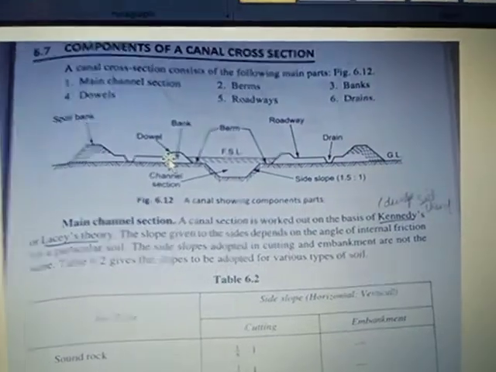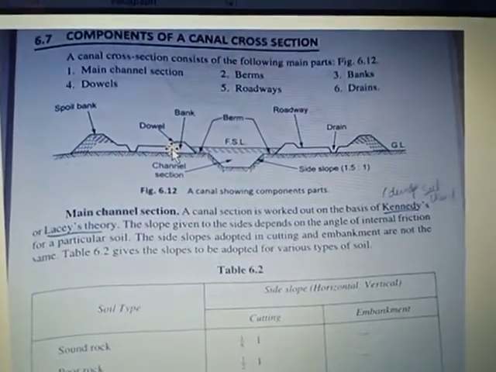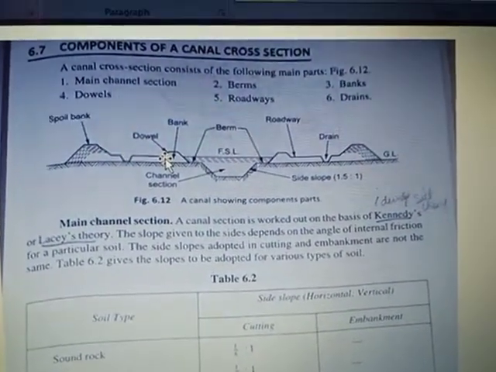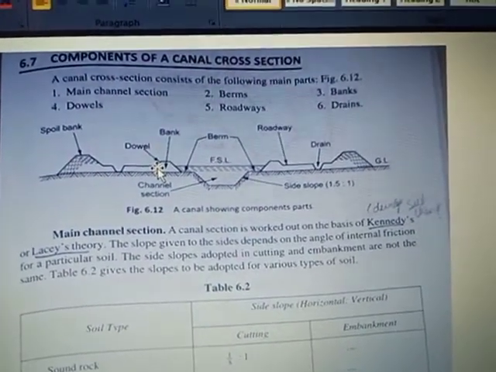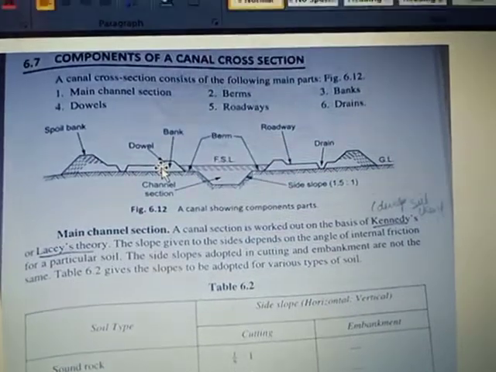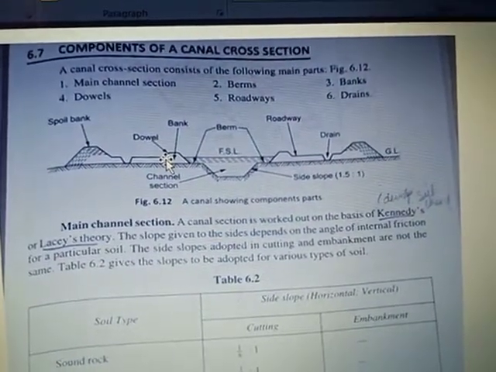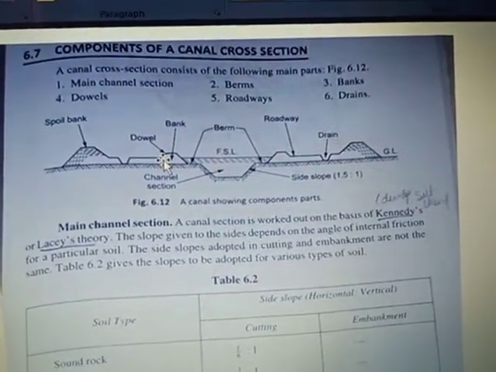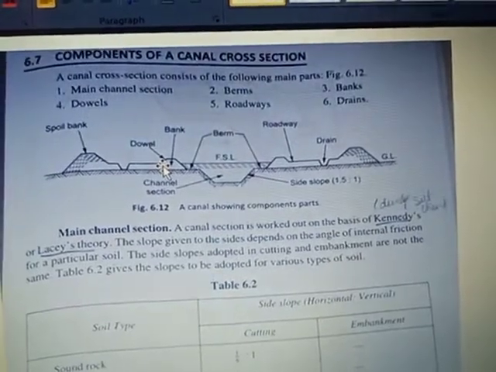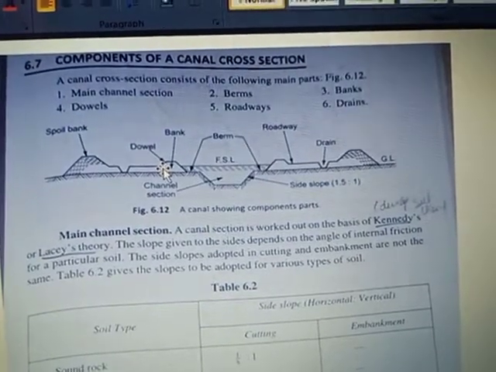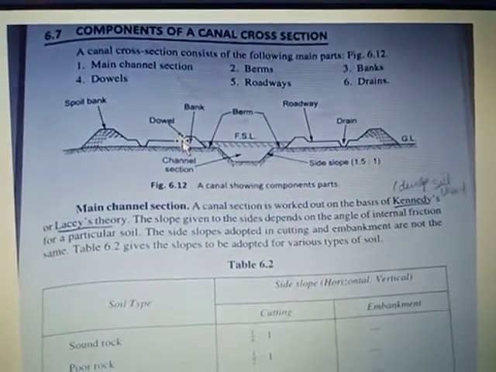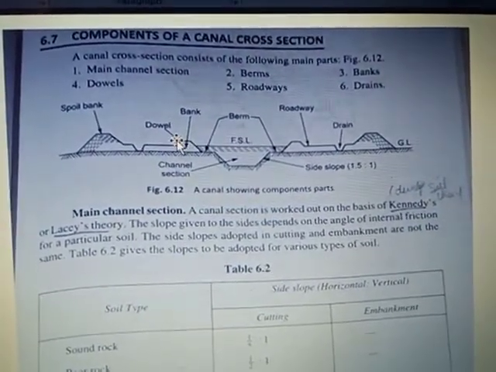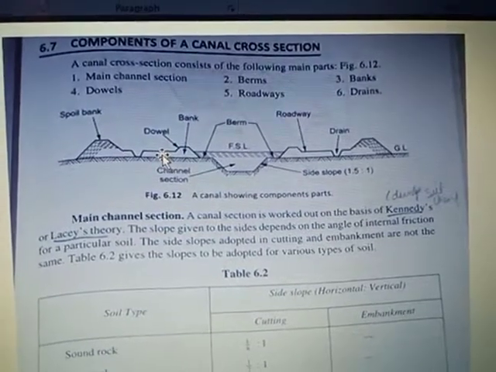These dowels are provided because they prevent gully formation. Gully here means pits or ditches. So they prevent the formation of ponds on the slope due to rain water.